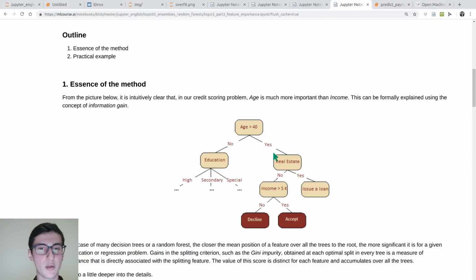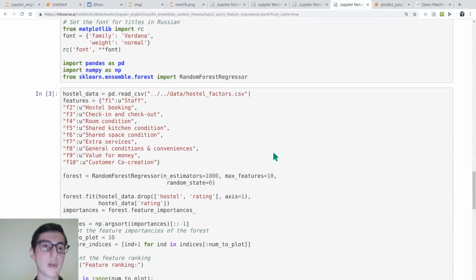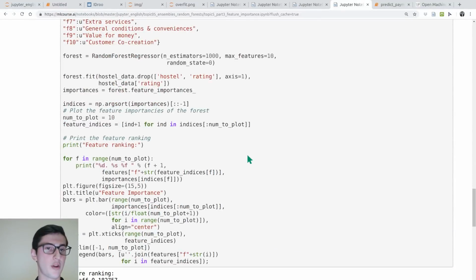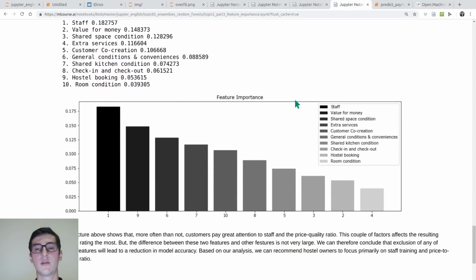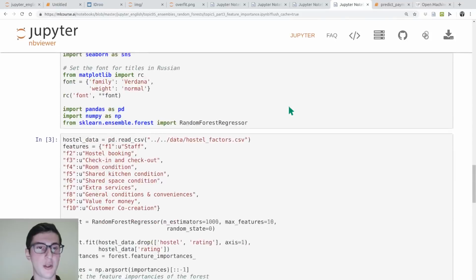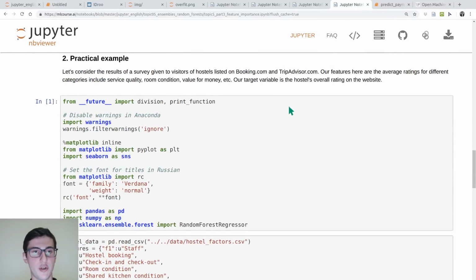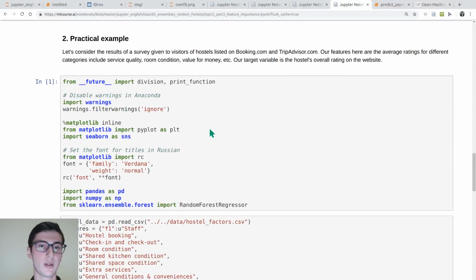Okay, so speaking about practice, a typical thing to do is just to build a random forest model and then get this feature importance and get some graph like this one. So the model will tell you that it uses some features more, but other features are worse. Actually this is a real research done in Higher School of Economics.